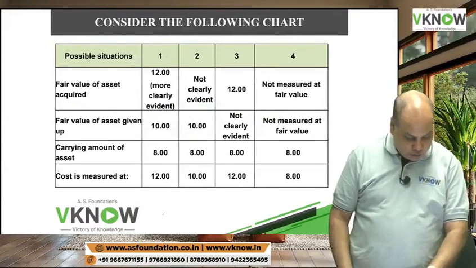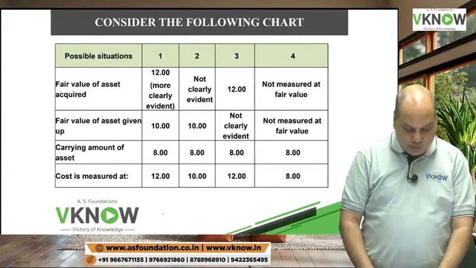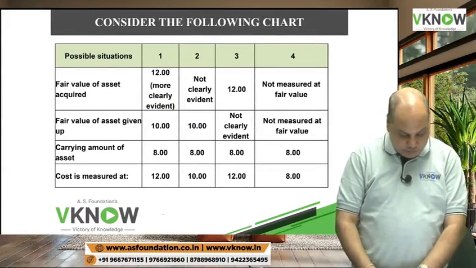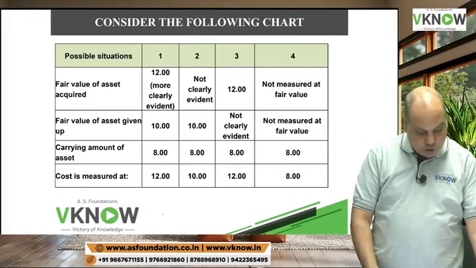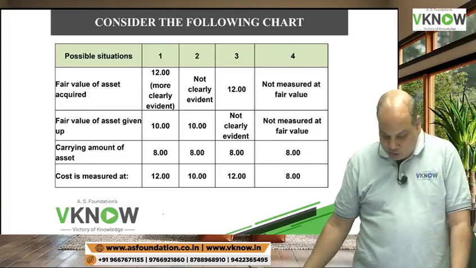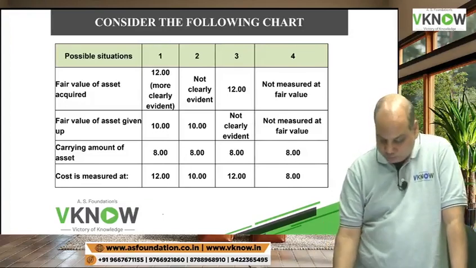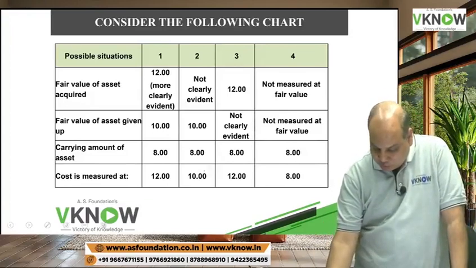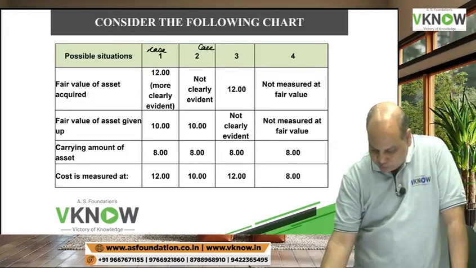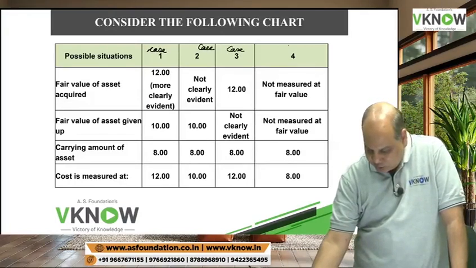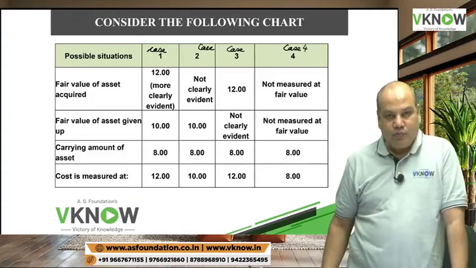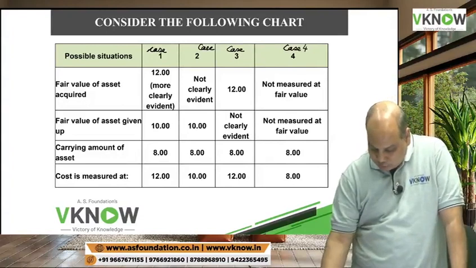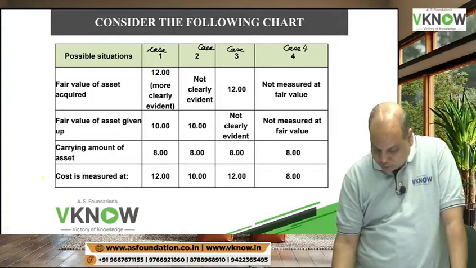In order to understand this point very clearly, let us look at this small table given to you. This is printed in your book. This is case 1, case 2, case 3, case 4. All of you concentrate on case 1.